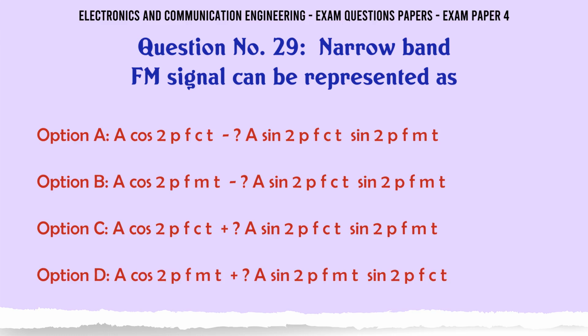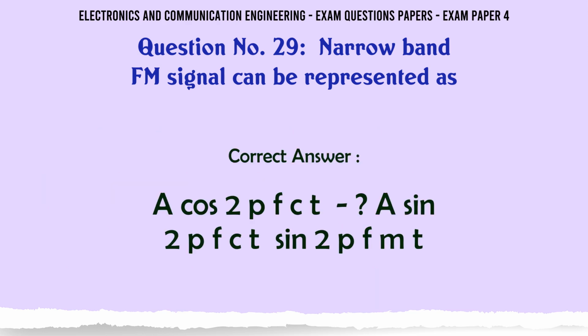B. A cos 2πfmt, A sin 2πfct sin 2πfmt. C. A cos 2πfct, A sin 2πfct sin 2πfmt. D. A cos 2πfmt, A sin 2πfmt sin 2πfct. The correct answer is A cos 2πfct, A sin 2πfct sin 2πfmt.